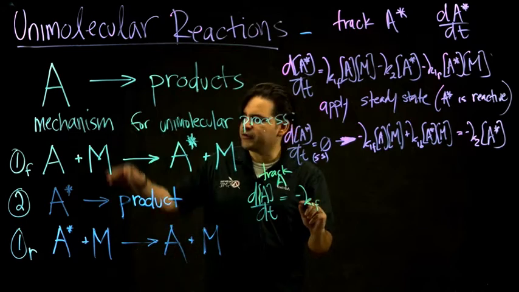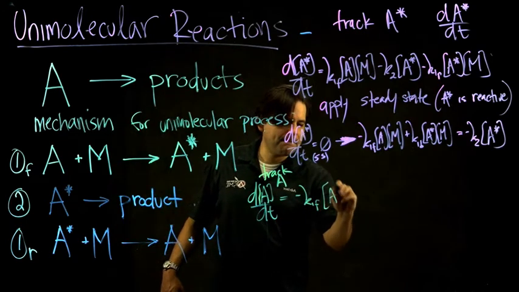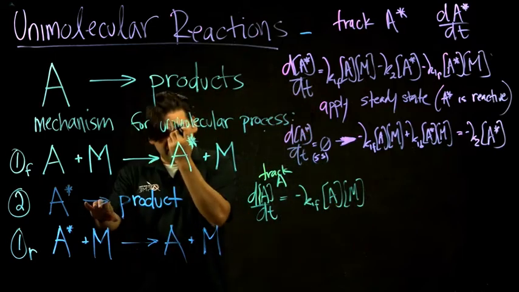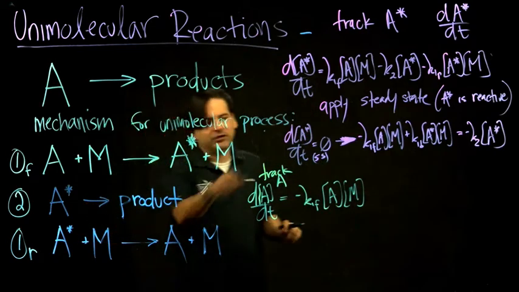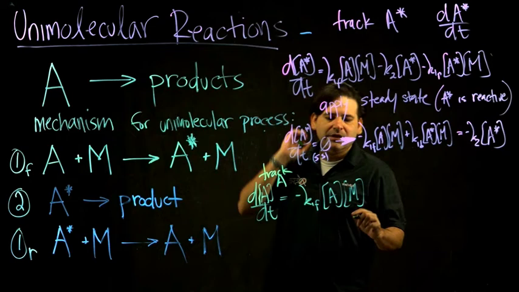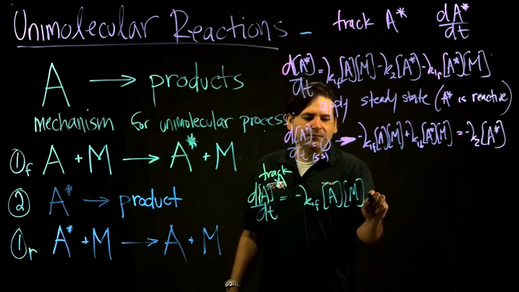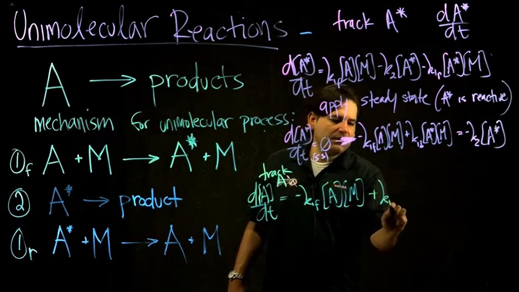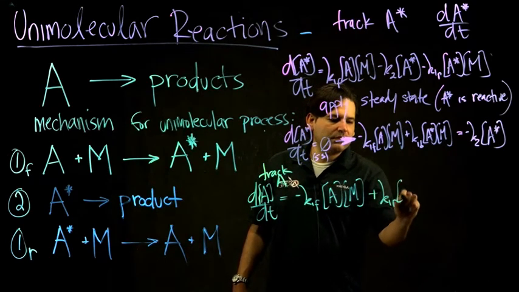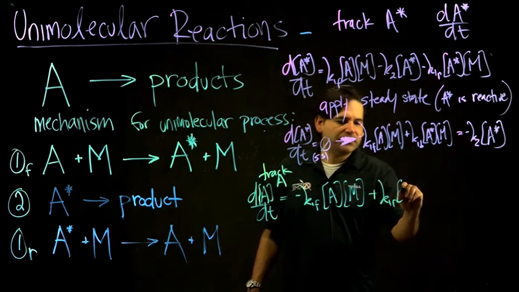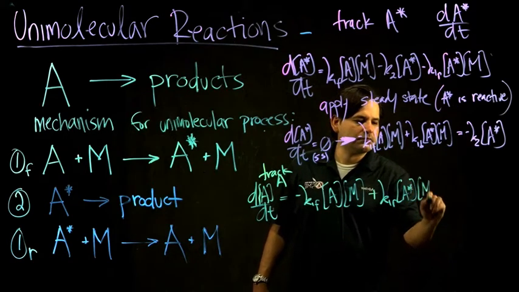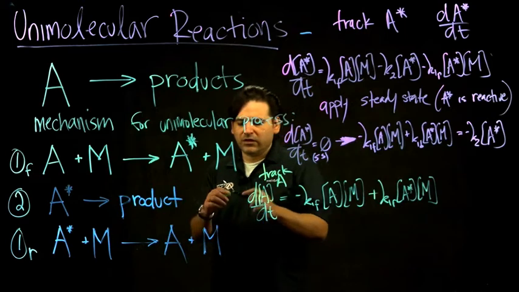It doesn't participate in the second process, but it gets produced again, replenished, if this activated species does not proceed with the dissociation or other process. So that's how that would look.